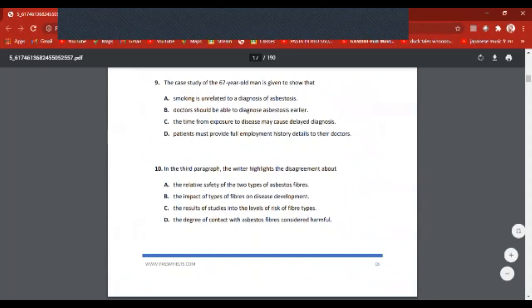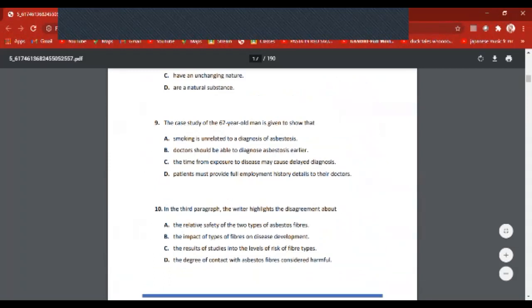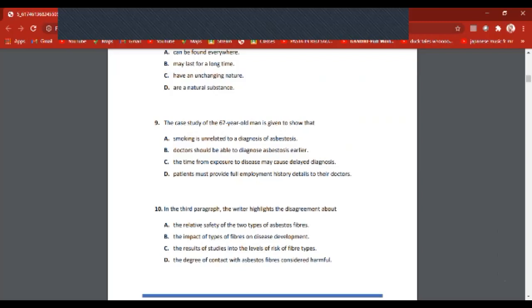The case study of the 67-year-old man is given to show that... So there's a case study given of a 67-year-old man. What is the reason behind that? Is it given to show that smoking is unrelated to a diagnosis of asbestosis?